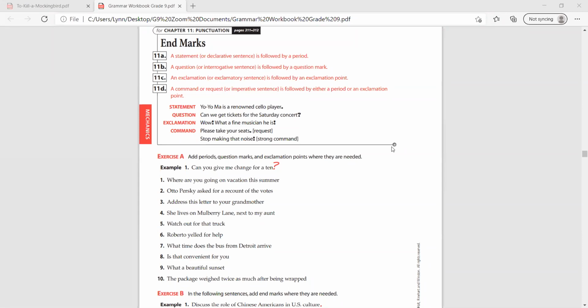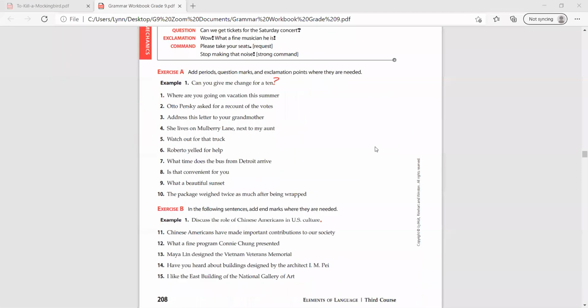A statement: Yo-Yo Ma is a renowned cello player. Question: can we get tickets for the Saturday concert? Exclamation: wow, what a fine musician he is! And a command: please take your seats. That's a request. Stop making that noise! That's a strong command. Okay, so in the following sentences, we're going to add the correct end mark.